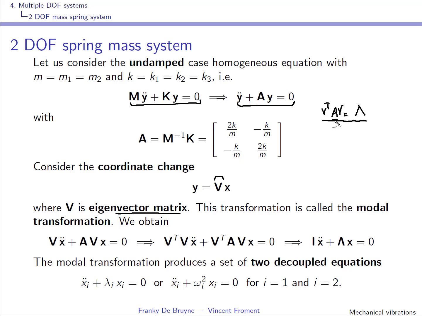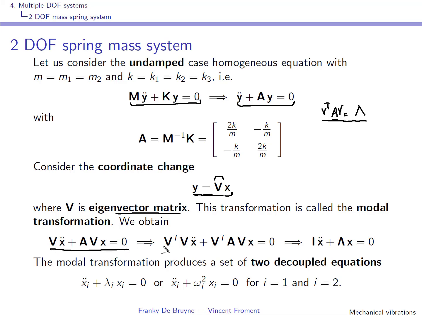diagonalize A. Okay, so the idea is to make a change of coordinate using this eigenvector matrix. So we replace y by this quantity in here, okay, and what we'll obtain is this equation, right?